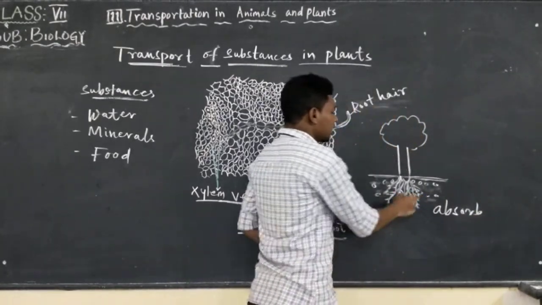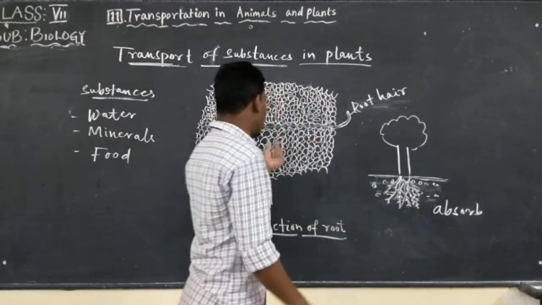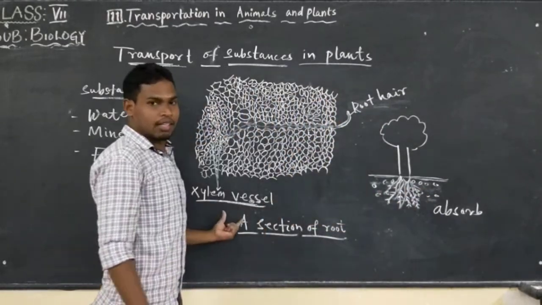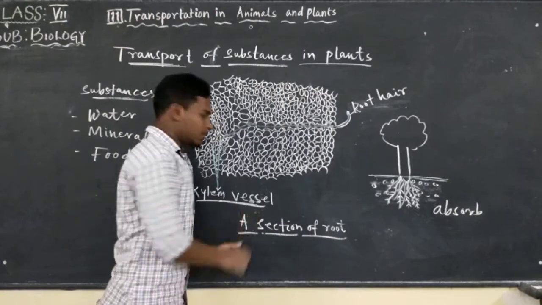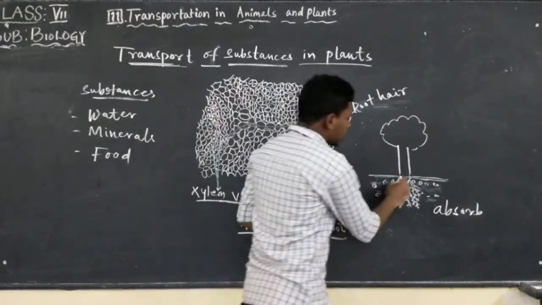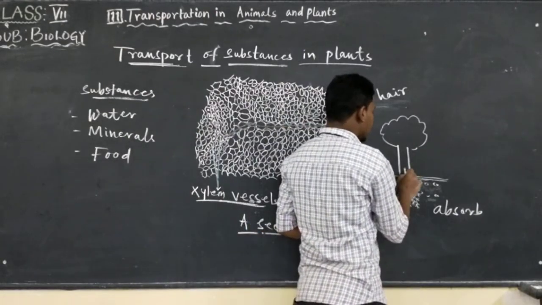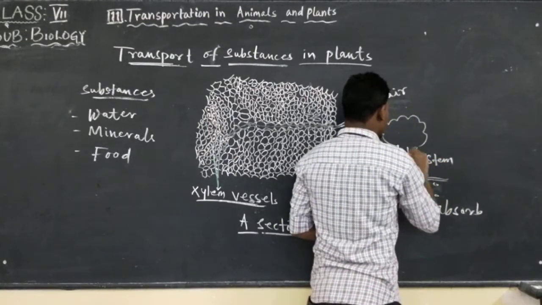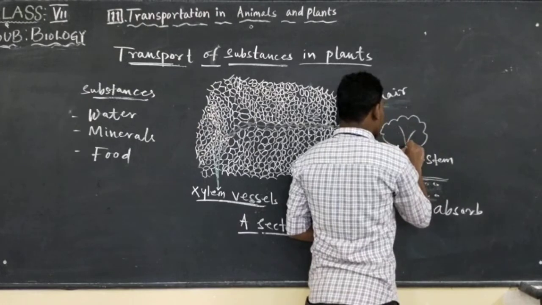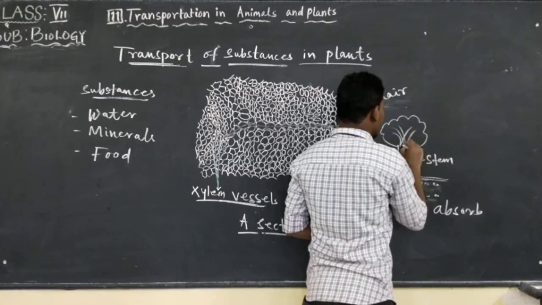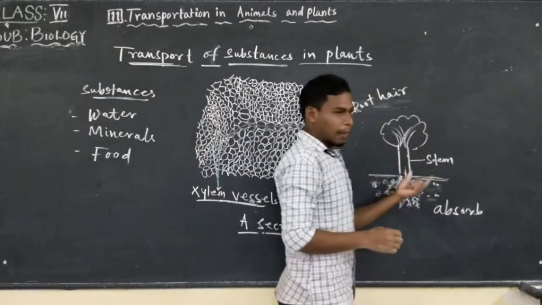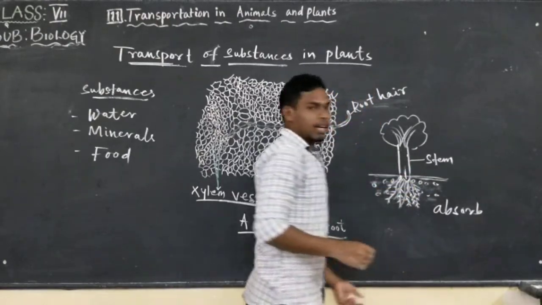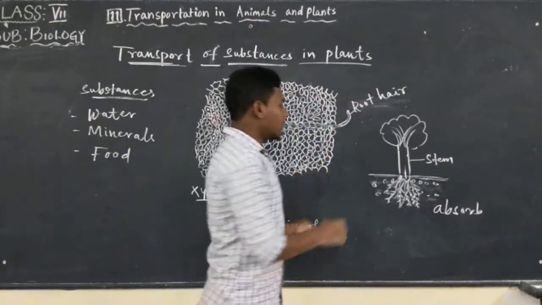These root hairs are connected with the xylem vessel. Here you can see xylem vessels. The xylem vessel is continuous with the stem and with the branches, and finally these xylem vessels send the water into the leaves.